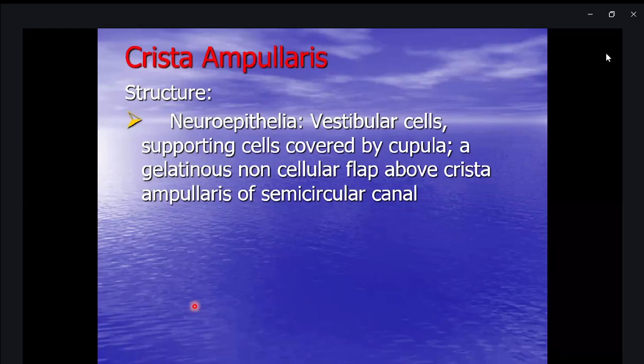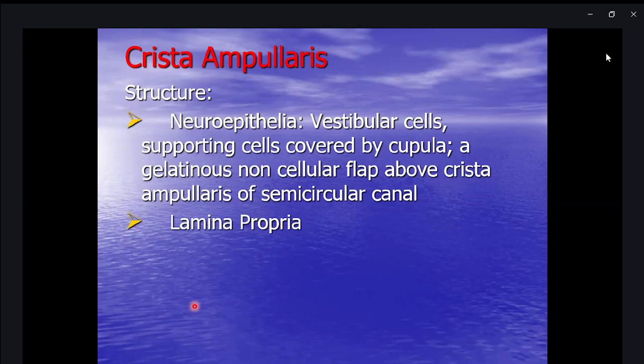The cilia and kinocilia of the vestibular cells are embedded within this gelatinous flap. The gelatinous flap we refer to as a cupola.